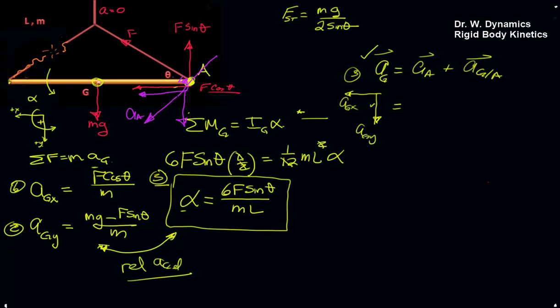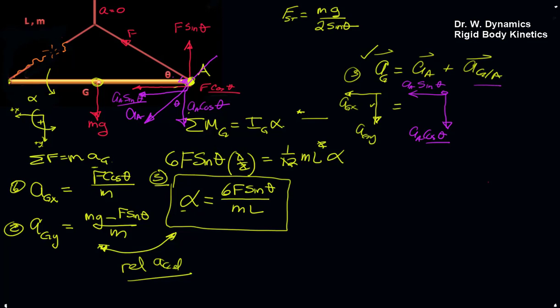If that's theta, this will be theta here. So the downward acting one will be a_A cosine of theta, and this horizontal one will be a_A sine of theta. So we can bring that information over to here. We have an a_A sine of theta here, and an a_A cosine of theta there.